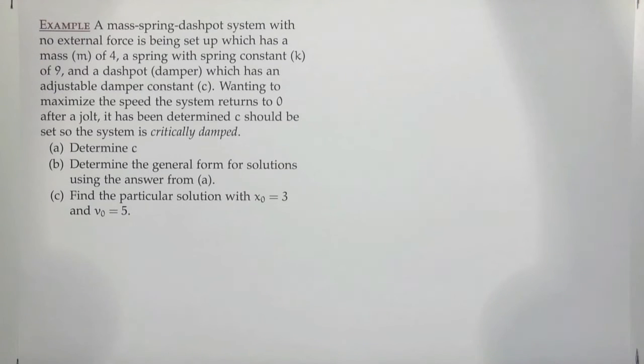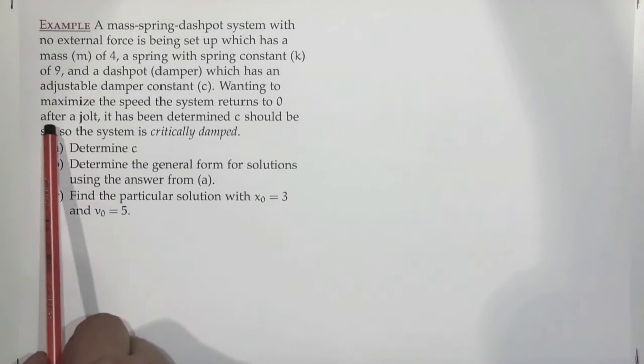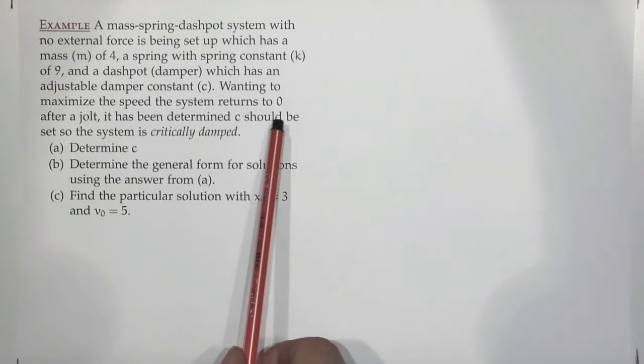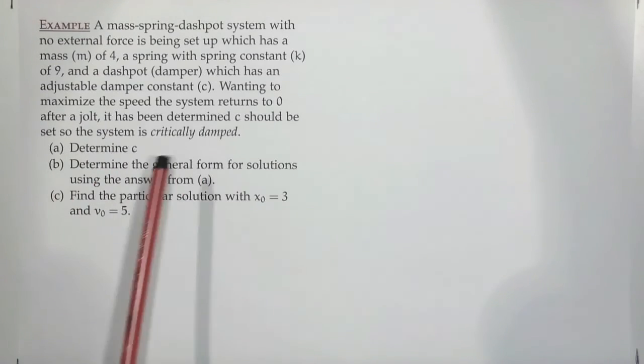We can somehow set it at just the right level, our damper here. So wanting to maximize the speed the system returns to 0 after a jolt, it has been determined c should be set so the system is critically damped.